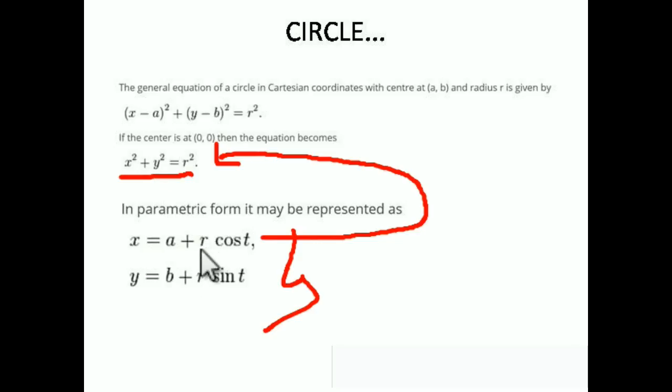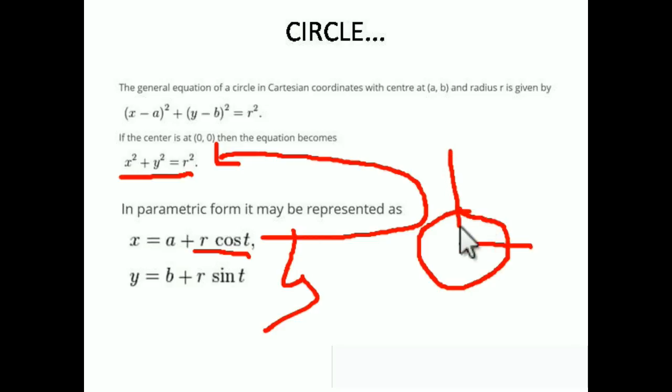Now, the parametric form represents the variation. R is a constant, we all know the radius is constant, but t is the angle. As we vary the angle, the point is varying. See, this is one circle, and if I draw the x-axis and y-axis as shown, and I put t is equal to 0, then I have this point on the circle.